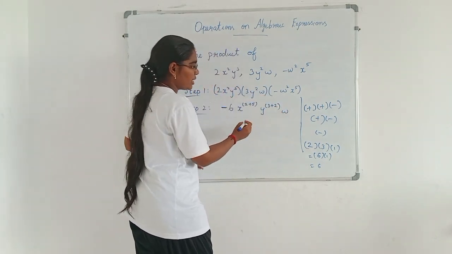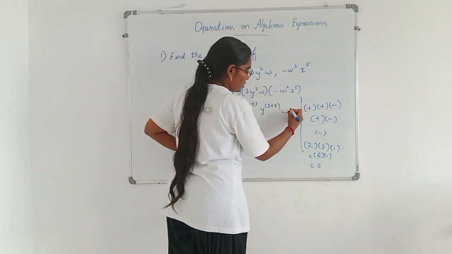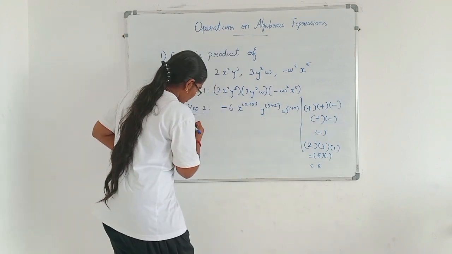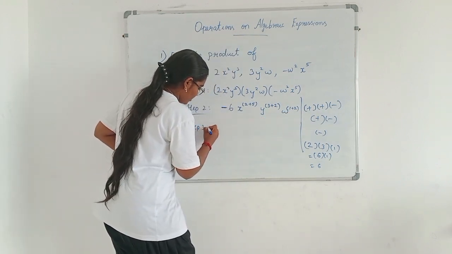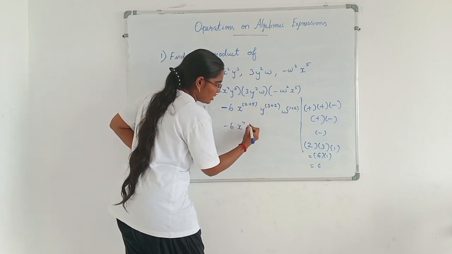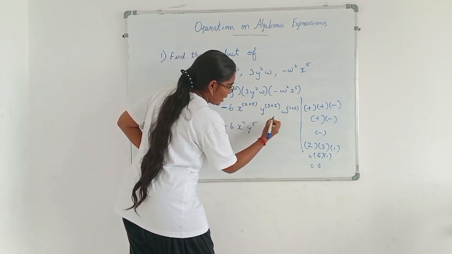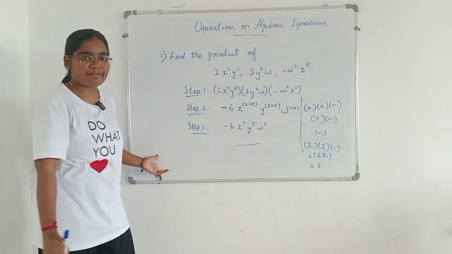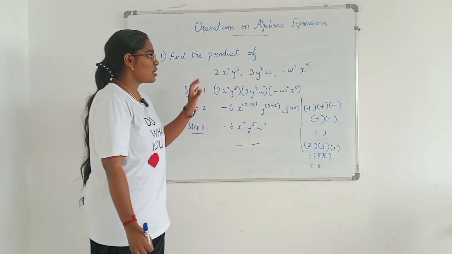Next w. Here power of w is 1. Okay, another term is 2. So what you will get? Minus 6x, 2 plus 5, 7, y 3 plus 2, 5, w 1 plus 2, 3. This is what your final answer is.